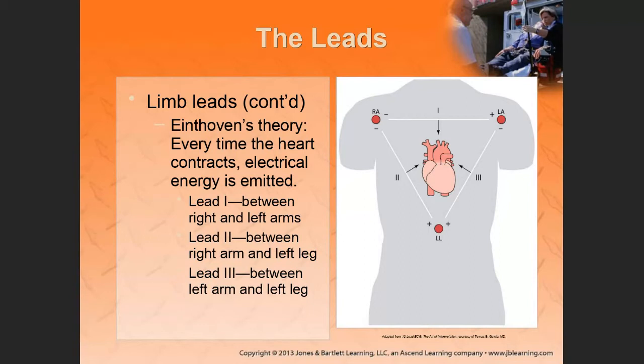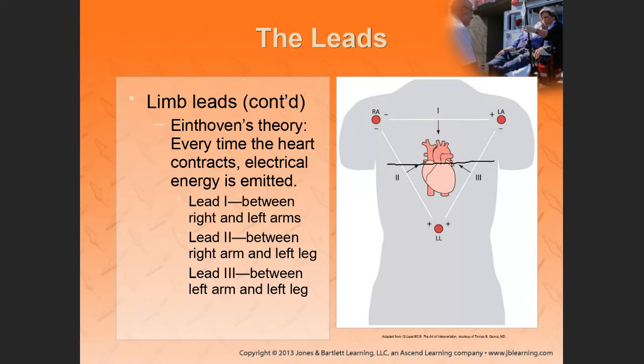And this is the way I want you to think about it with cardiac monitoring. Think of the current moving for lead 1 like this. So if it's lead 1, the current is moving this way, right? And your limb leads, there are 3 limb leads, lead 1, 2, and 3.